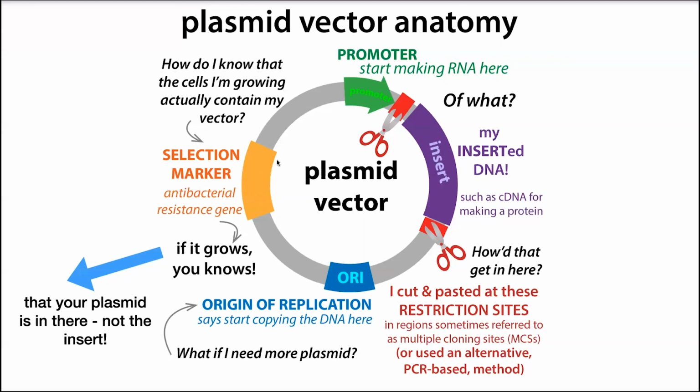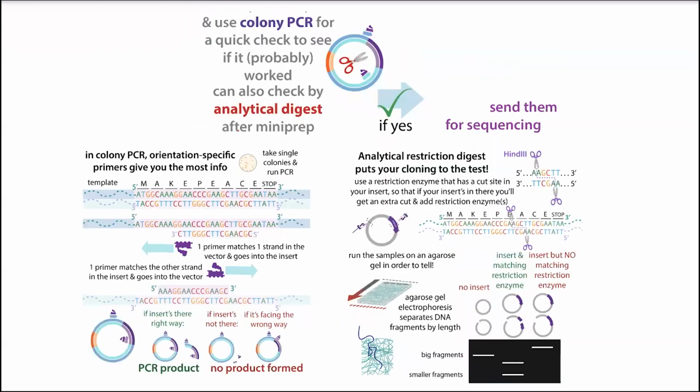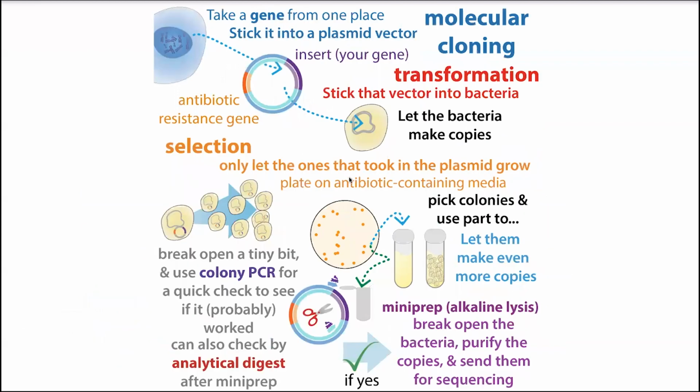But just because they have the plasmid doesn't mean they have the insert. There are ways that we can test whether this plasmid probably has the insert, things like colony PCR and analytical restriction digests. But even these methods can't tell you whether the sequence is correct. And the only way to know that is to actually send it for sequencing.